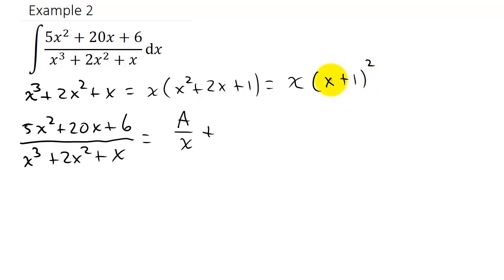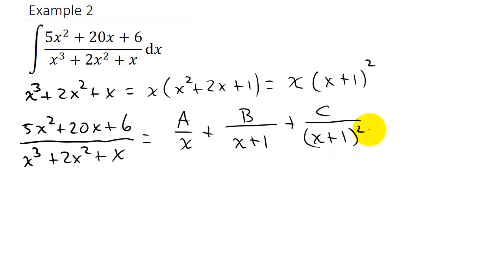This is a linear factor, and so that's going to be B over x plus 1 plus C over x plus 1 squared.